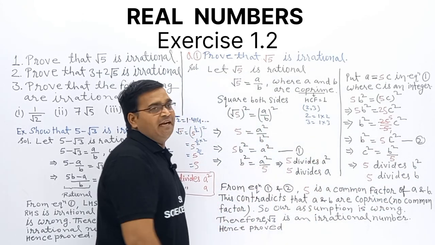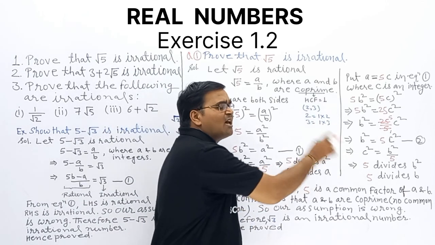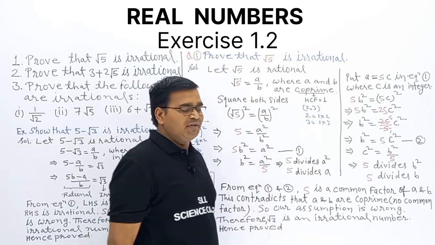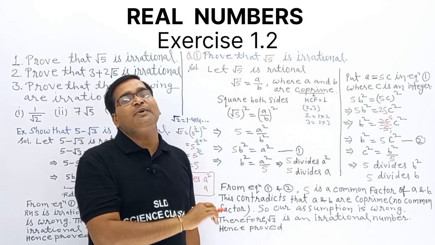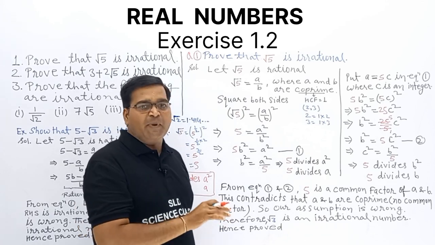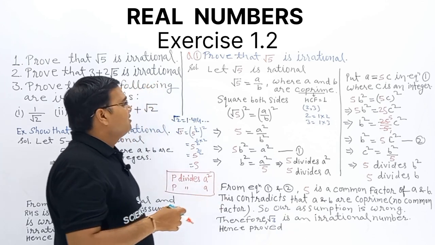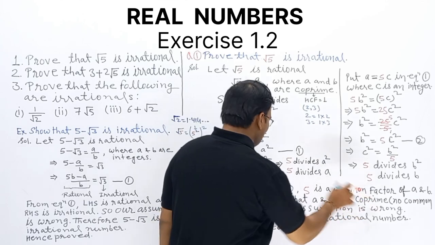This contradicts our assumption. These factors contradict what we assumed, rational. A and b should not have factors, but they have factors. So due to this contradiction, there is a problem. So our assumption is wrong.